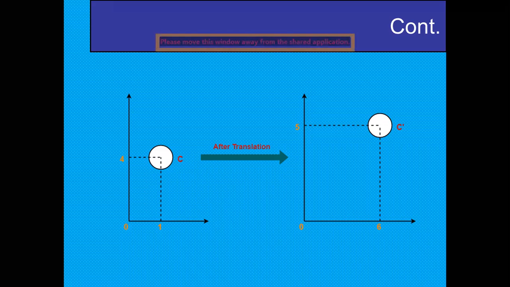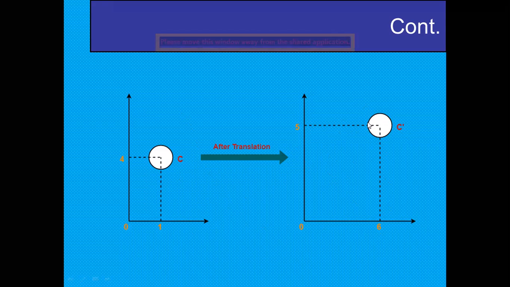In the final diagram, you can see it is written after translation. The new coordinates we get after applying the translation are 6 and 5: the x coordinate is 6 and y is 5. With the help of this, you can again draw the diagram and show the movement.